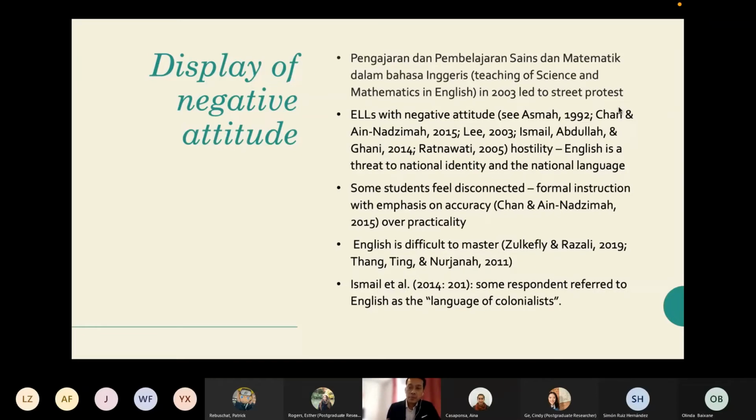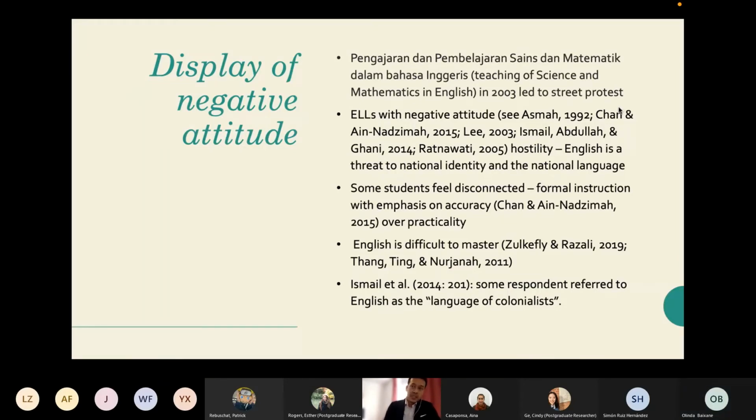It was cited that the main reason for resistance was the claim that the decision would, of course, uphold English, but it would affect the learning of the national language, which is Bahasa Malaysia. And so the policy was reversed in 2012, and schools were required to teach science and mathematics in Bahasa Malaysia.